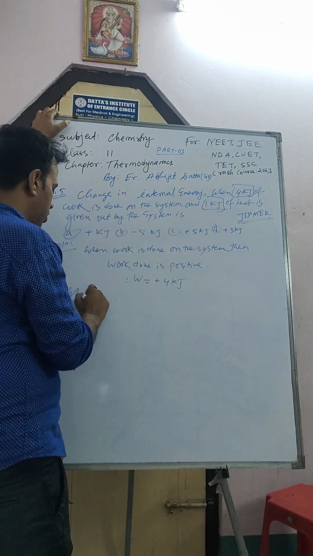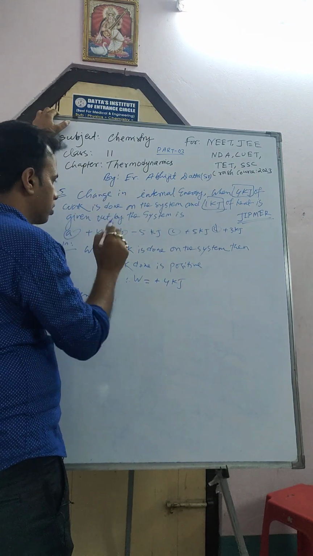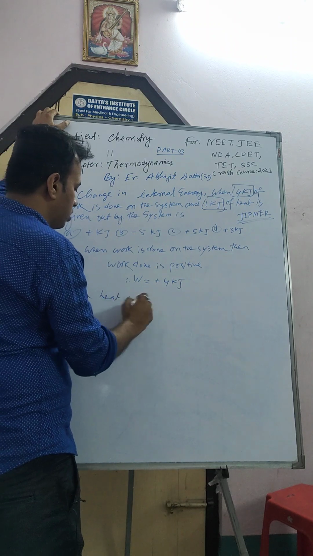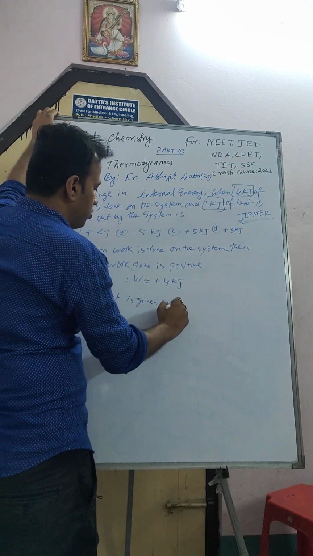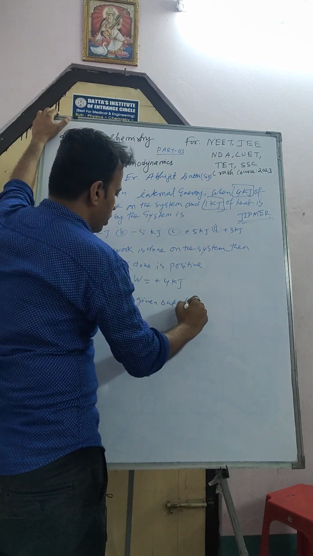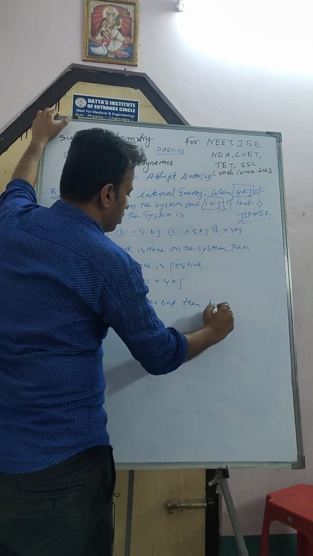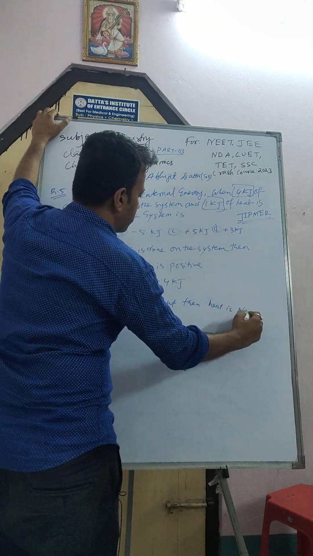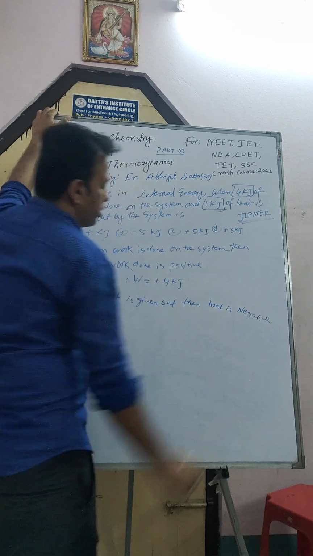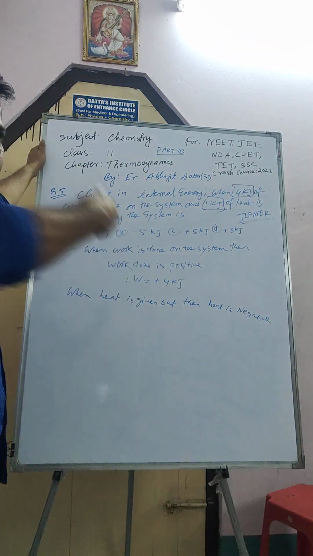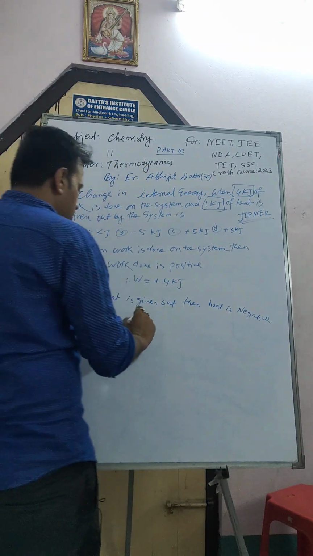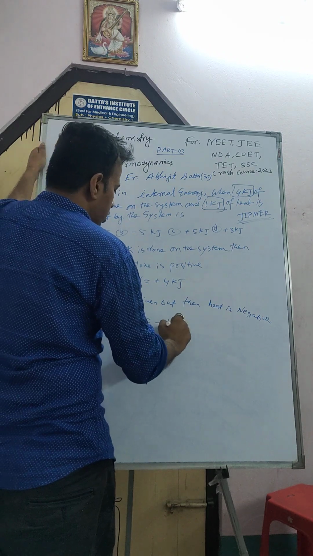Now 1 kilojoule of heat is given out. When heat is given out, then heat is negative. So Q will be minus 1 kilojoule.